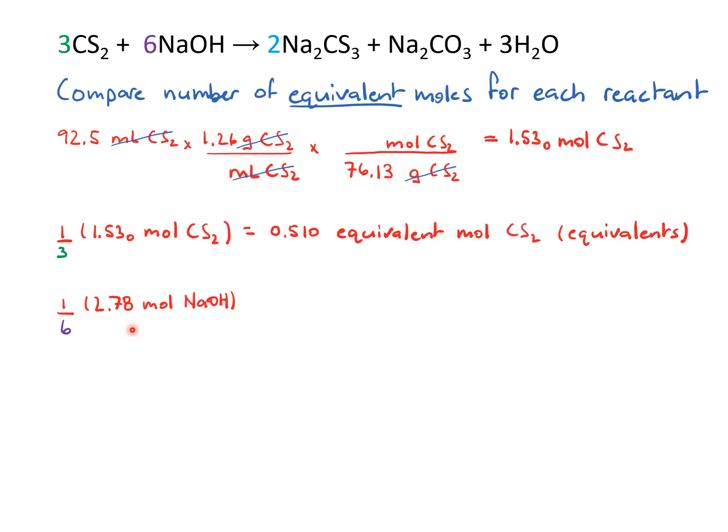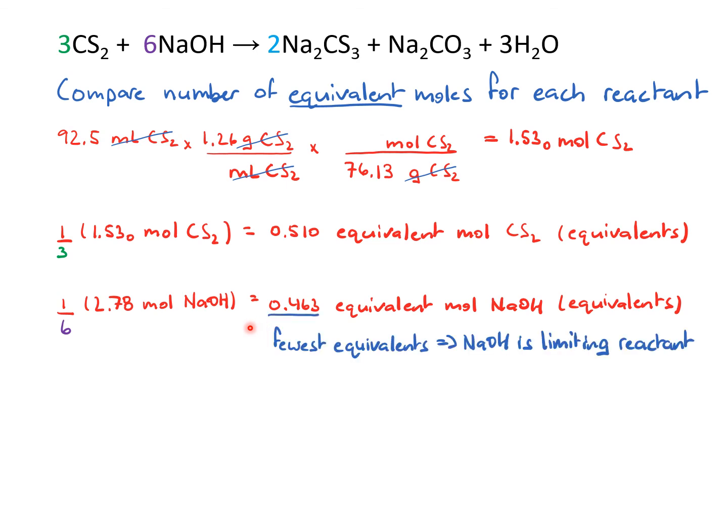Next, we take the number of moles of sodium hydroxide, which was given as 2.78, and also divide this by the stoichiometric coefficient, which in this case is 6, which gives us 0.463 equivalents of sodium hydroxide. And here we can see that because sodium hydroxide has the fewest equivalents, sodium hydroxide is therefore the limiting reactant.